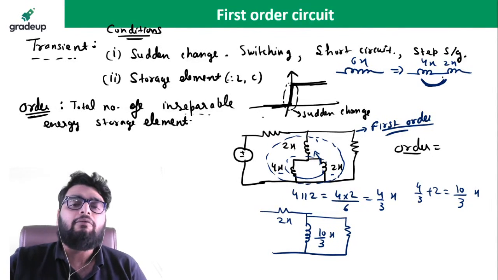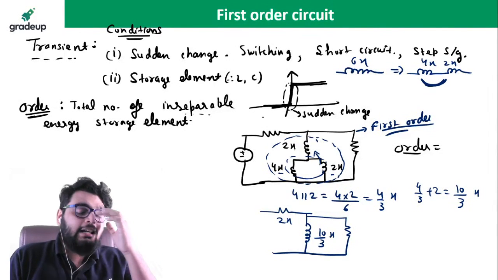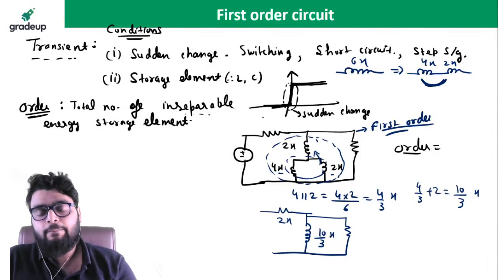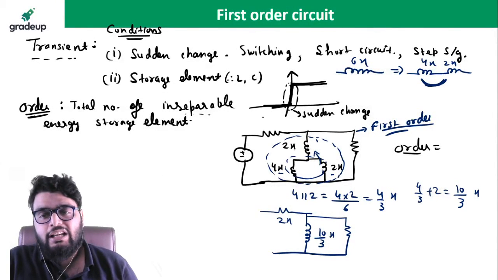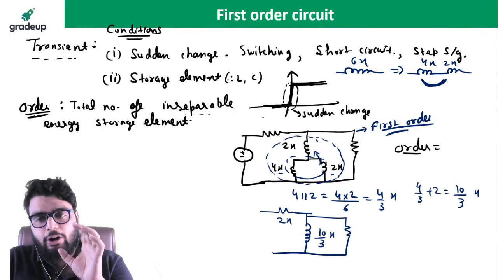It's actually 1 inductor. So always remember, when you write the order of a network, you have to see whether you can combine the energy storage elements. If you can combine them, combine them first, and after that write the order. So this is a first order circuit.